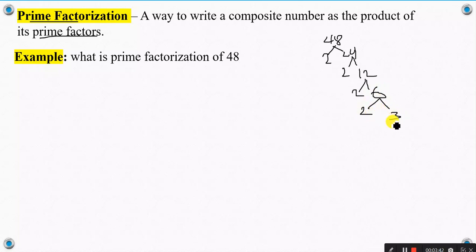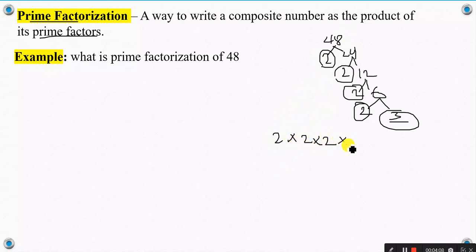Now we have to stop, because when we get a prime number as the quotient, we stop dividing and take these prime numbers. When we multiply all of these, we get 48: 2 times 2 times 2 times 2 times 3.